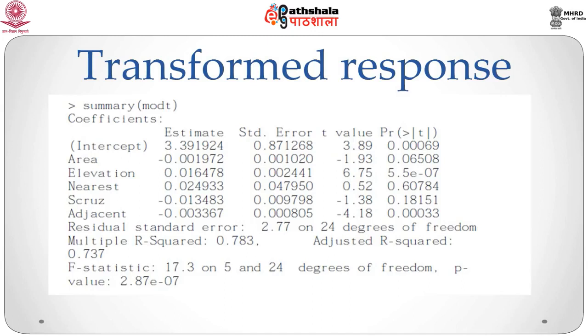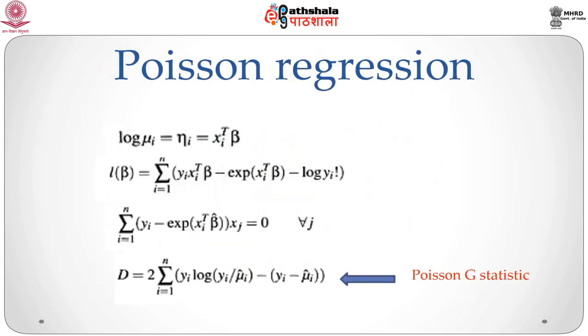However, a problem with this model is that we have transformed the coefficients, and hence to interpret the coefficients as the effect of a unit change, we note that they give the effect of a unit change on the square root of counts, which has no ready interpretation. So to get a more satisfactory answer, we shall move next to Poisson regression.